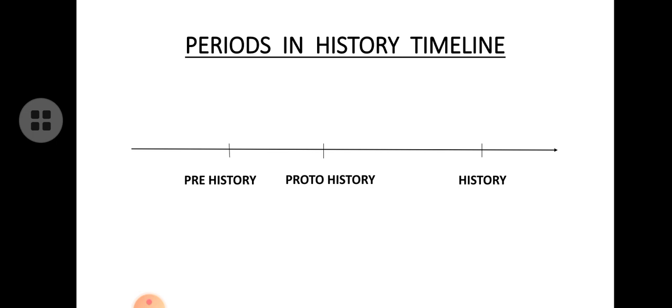So this period we call the historic period. The timeline of this period is from 1500 BC till now. So these are the three important periods in the historical timeline.